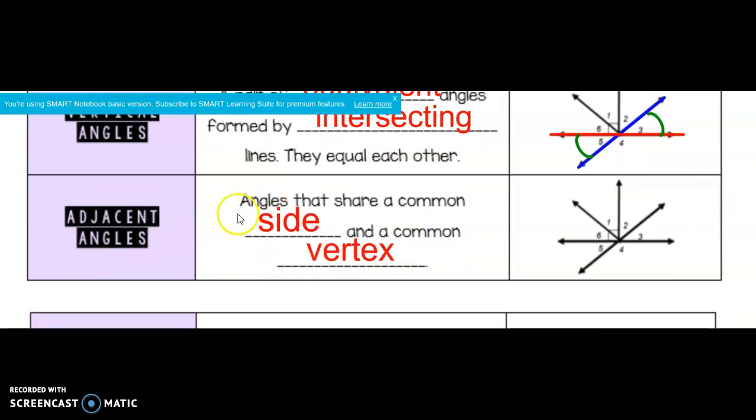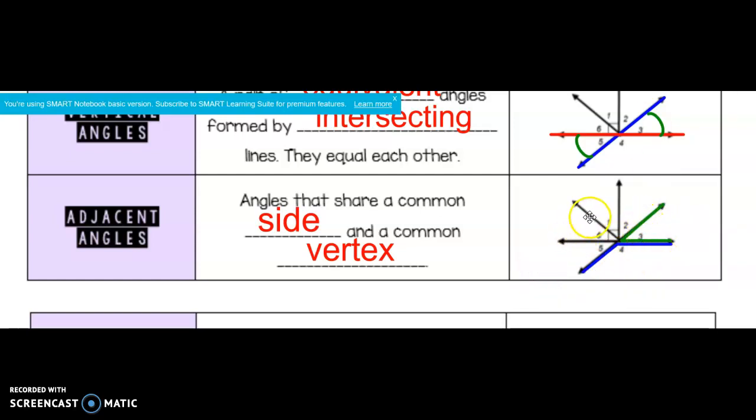Adjacent angles: angles that share a common side and a common vertex. So we could look here, angle 4 and angle 3. They both share that same vertex in the middle, and they're sharing this side here. So they are adjacent angles, adjacent meaning next to, or they're next to each other.